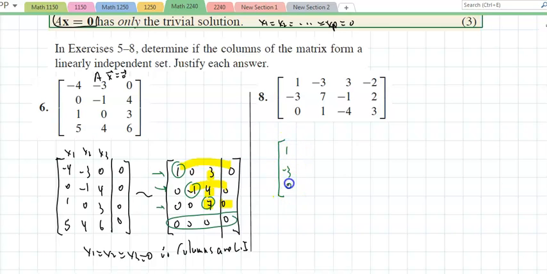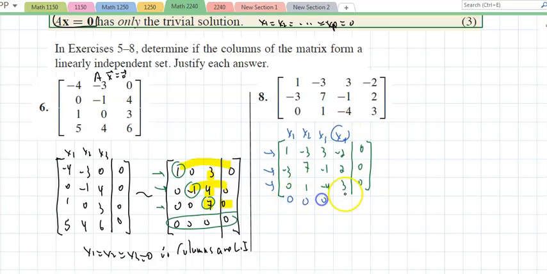1, negative 3, 0, negative 3, 7, 1, 3, negative 1, negative 4, negative 2, 2, 3, and 0, 0, 0. Curiosity. I have x1, x2, x3, and x4. How many pivots can I get at most? At most, I can get 3 pivots, but I have 4 variables, which indicates that x sub 4 is free.